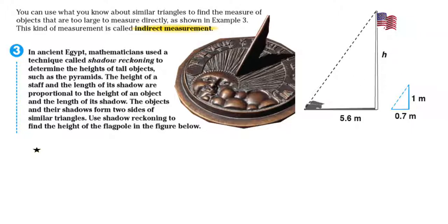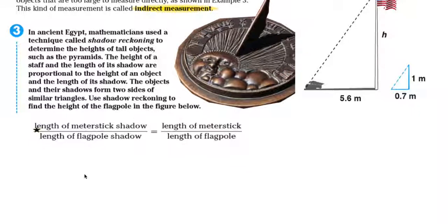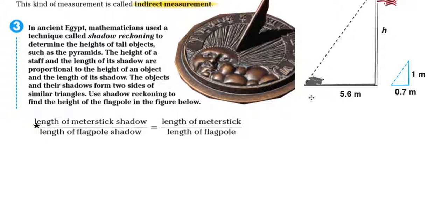First, we know that the length of the meter stick shadow over the length of the flagpole shadow, because those are your two corresponding sides, will be equal to the length of the meter stick over the length of the flagpole, because these two sides correspond to each other.